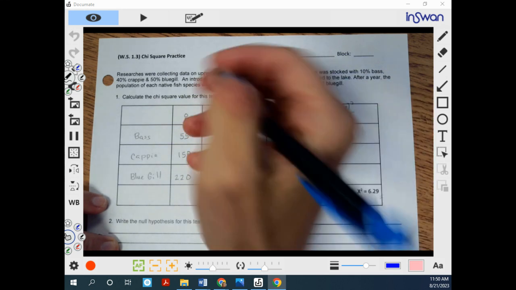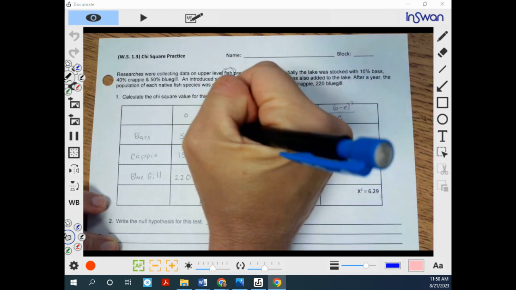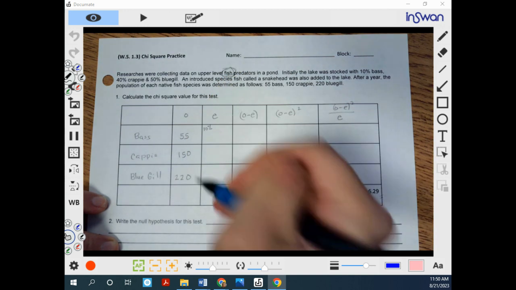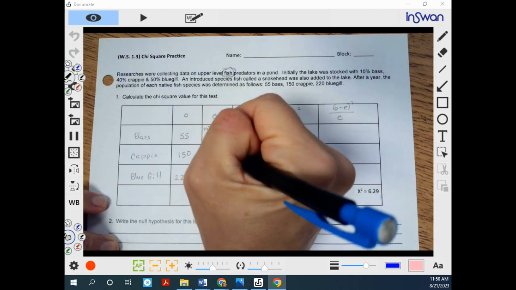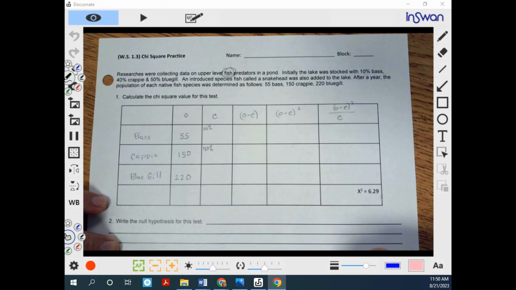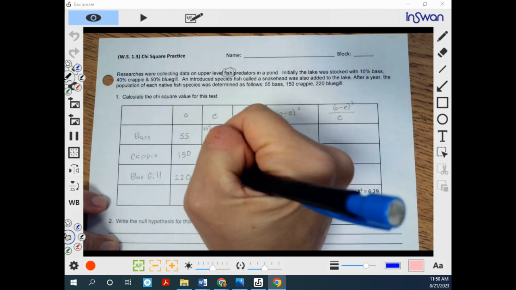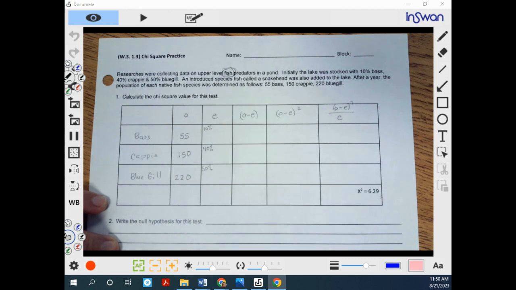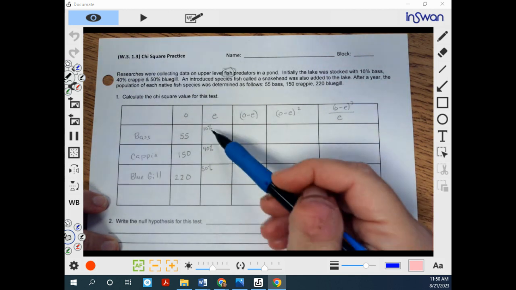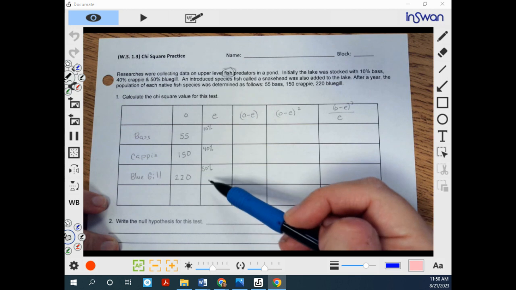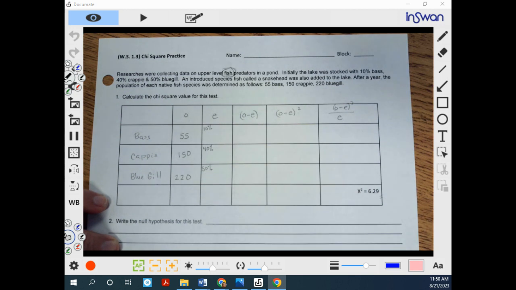So our expected percents, we should still find 10%, 40%, and 50% if that snakehead fish is not affecting our fish populations. Okay. So hopefully you put those percents up in the corner because I told you to do that. That's a common thing to do that's going to help you make sure that you're solving your problems correctly when we're working chi-square problems.